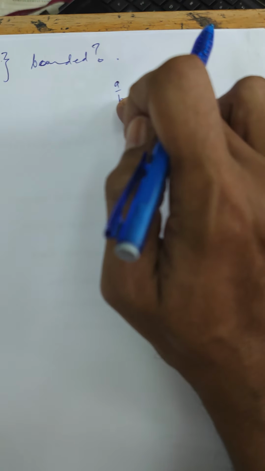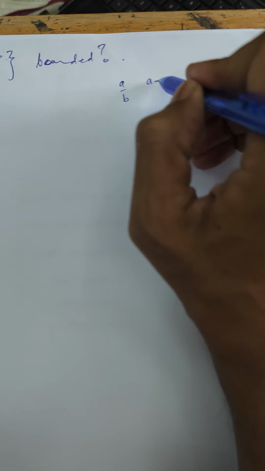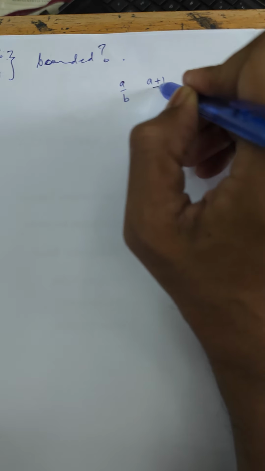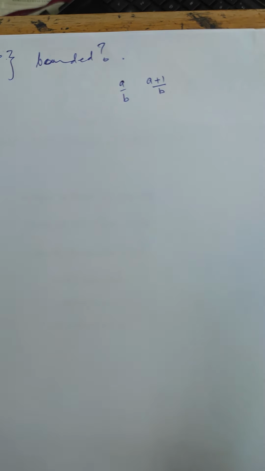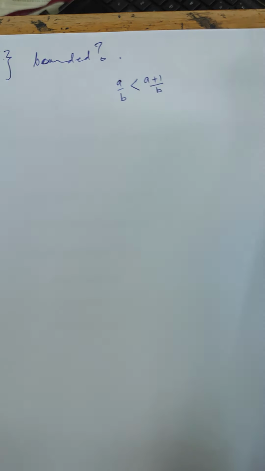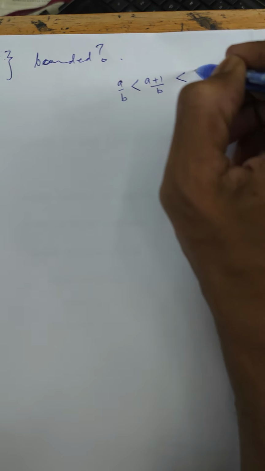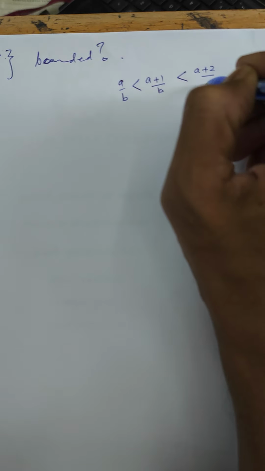So what I mean is that if I increase a, let's say by 1, and we stick with b, then definitely a plus 1 over b is bigger than a over b. And we can keep on doing this, a plus 2 over b, and so on.